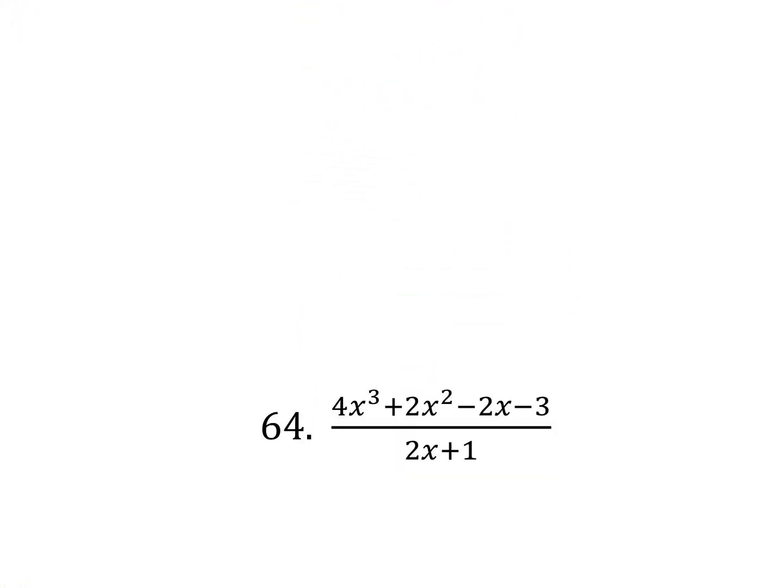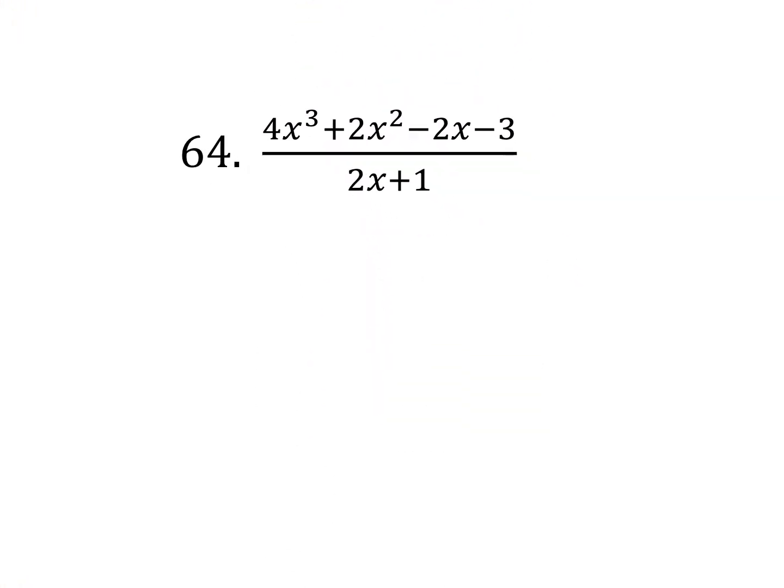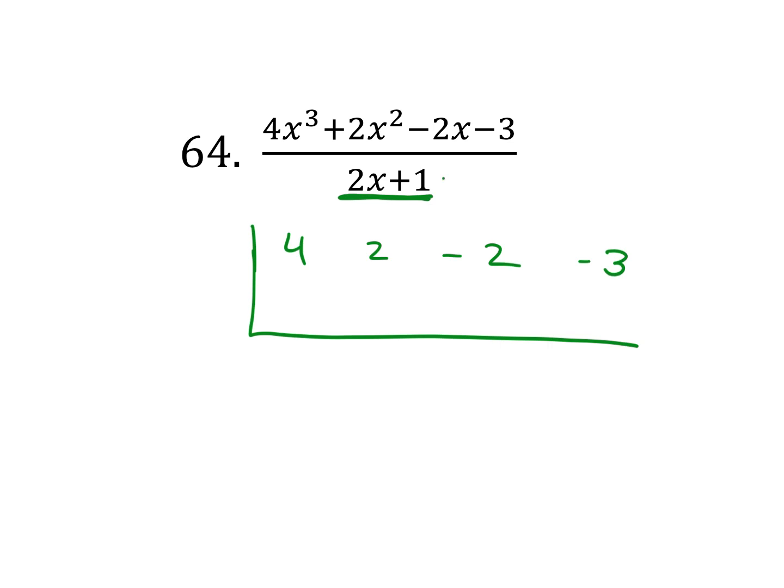Now if you had a question like 64, you could also do synthetic division here. It's just going to be a little bit trickier because what's going to go outside? Just like when we changed the sign, we set it equal to 0, so this would be negative 1/2. So you just kind of have to solve. Again, you could use long division here if you wanted to, but we can practice synthetic division with a fraction.